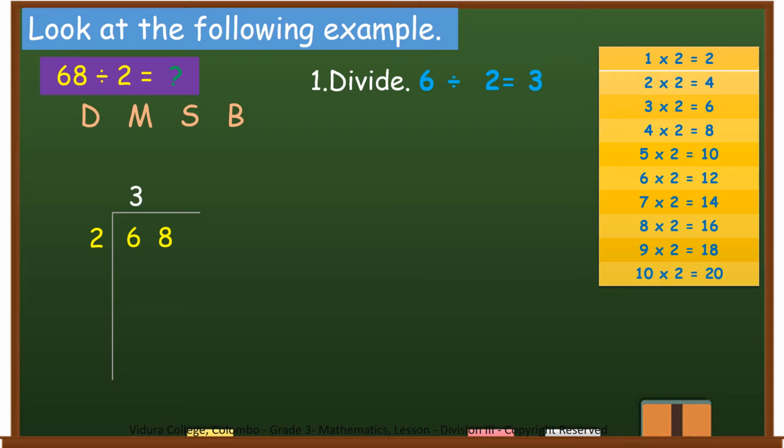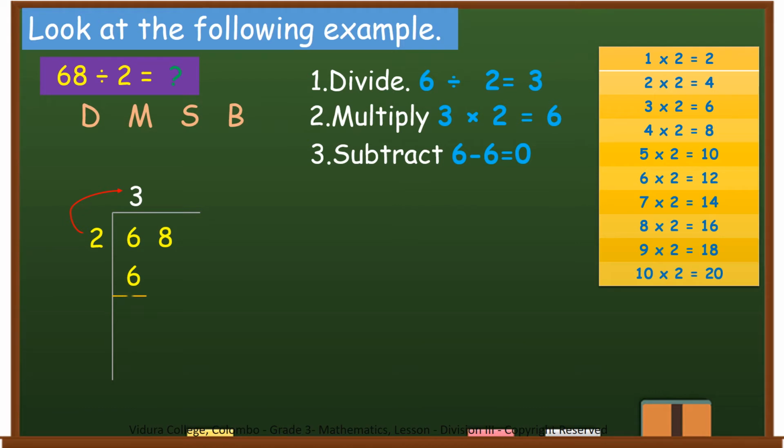Then, you have to multiply. Multiply 3 and 2. 3 times 2 is 6. Write 6 under number 6. Then you have to subtract.